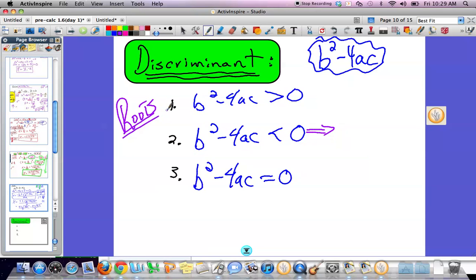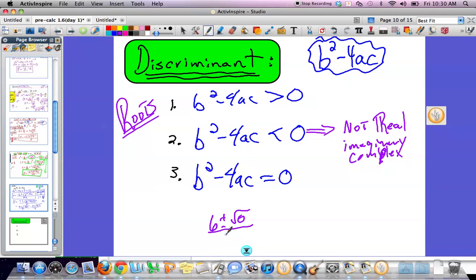If it is less than 0, your roots are not real. They're imaginary. Your roots are imaginary. They're complex, whatever word you want to use. They are complex. They'd have an i.